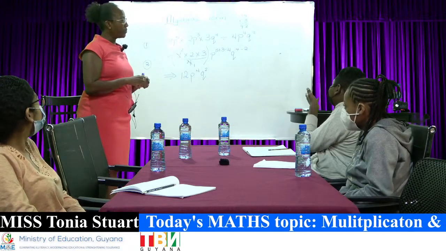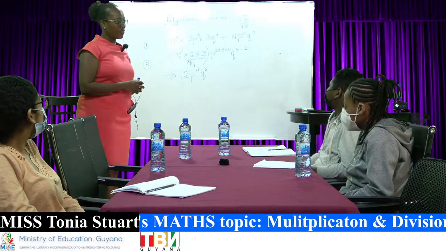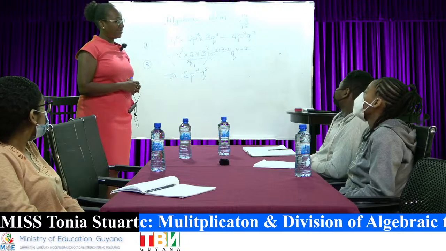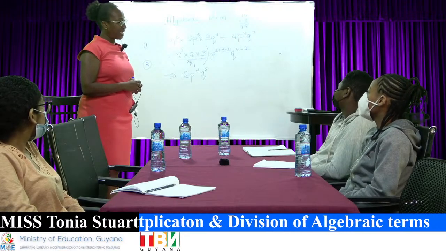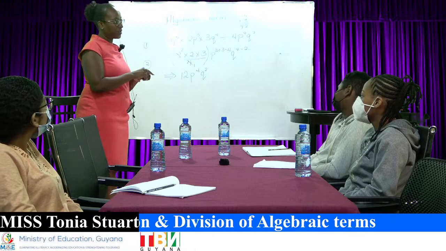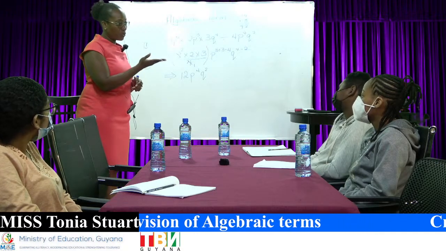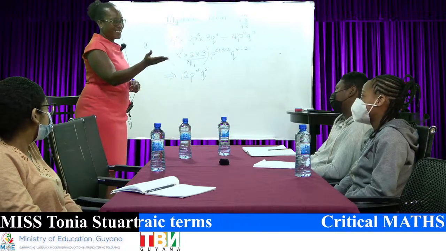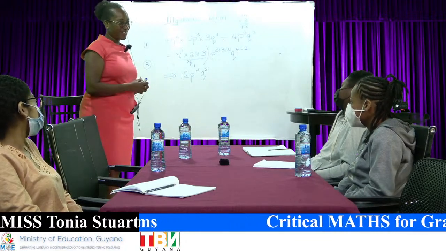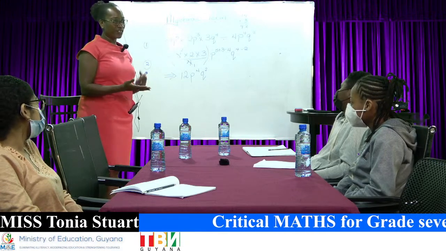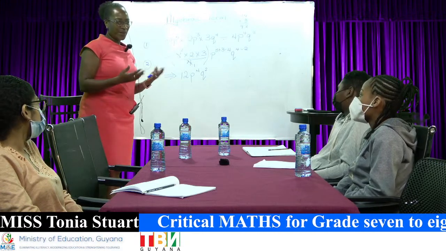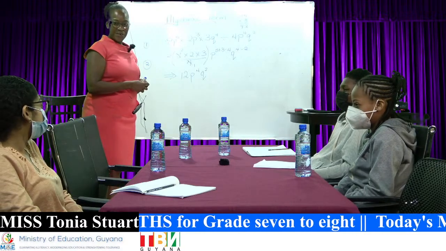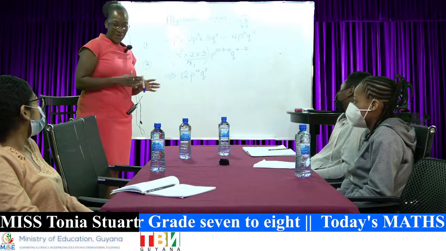Addition? No, that is the operation. The terms. We identified the terms. Coefficient. Variable. Power. We have the constant also. The operation is the addition, subtraction, multiplication, division. Right? Sometimes some people need to be prompted to remember something. So it's okay, Akila. But next time we will be on our game.